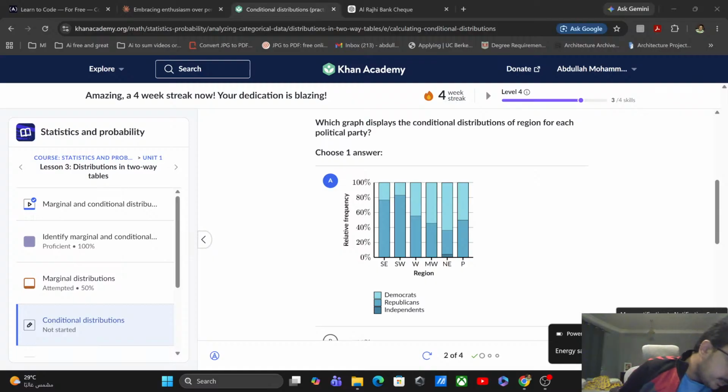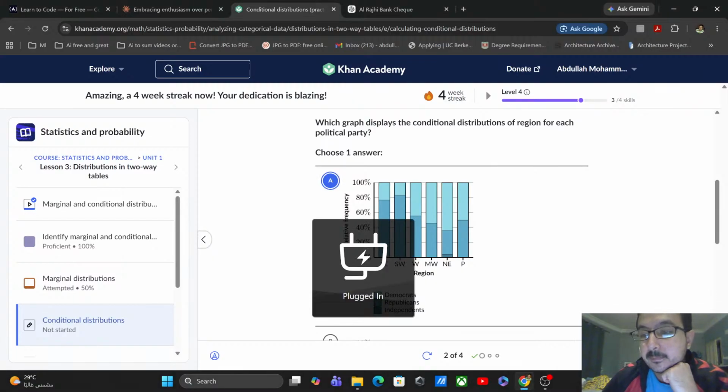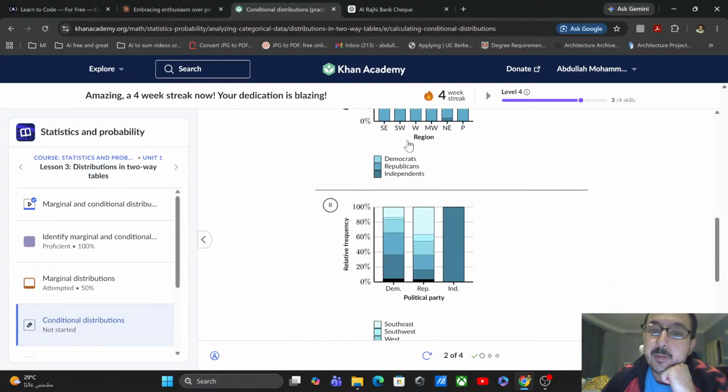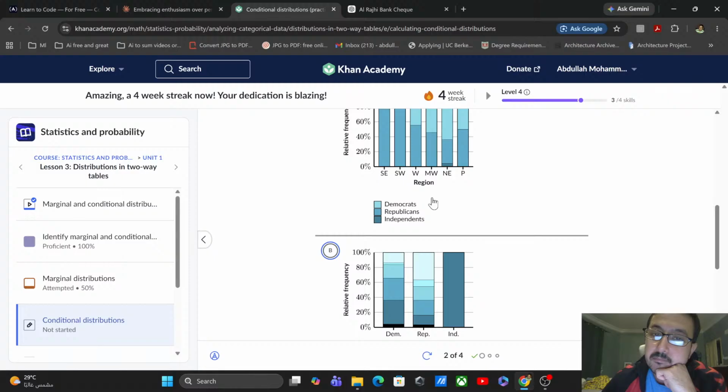I don't know how it is different. Probably the difference is in this statement. Political party here it says region. Let's check.